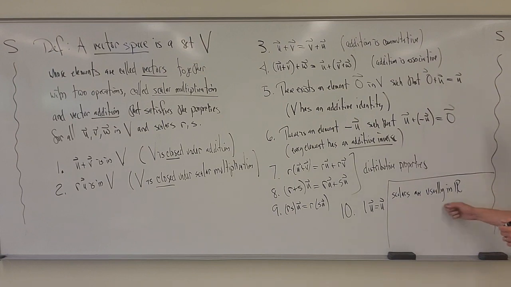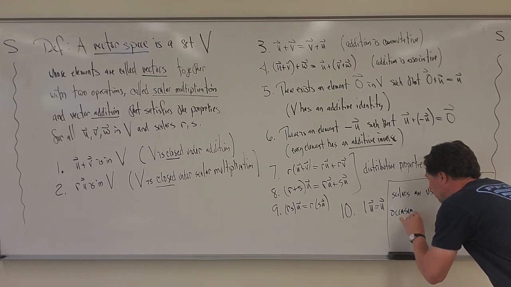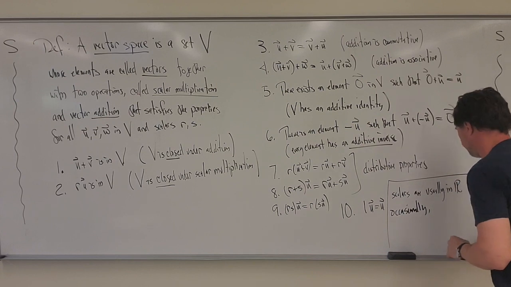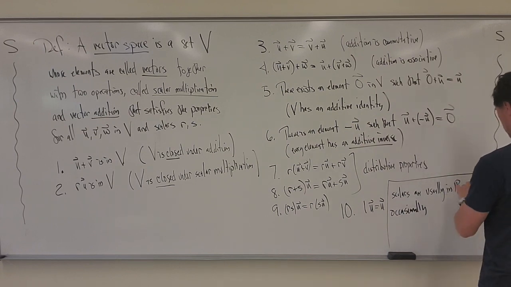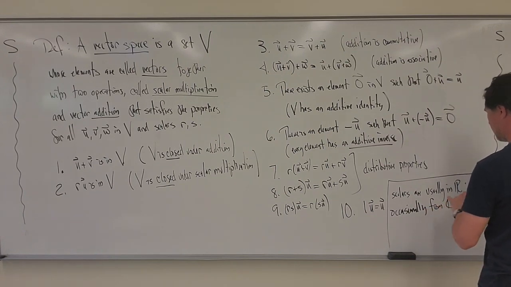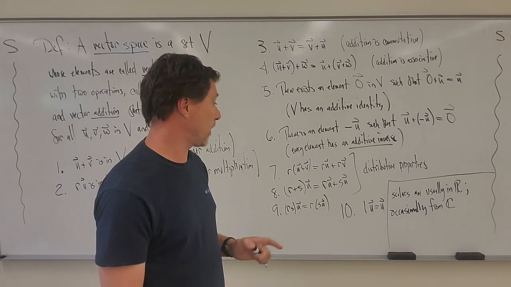So scalars usually come from R. Occasionally from the set C of complex numbers. So occasionally we will talk about complex scalars.